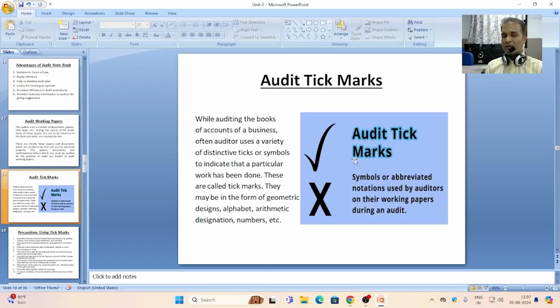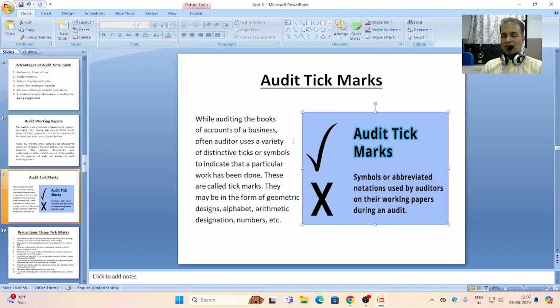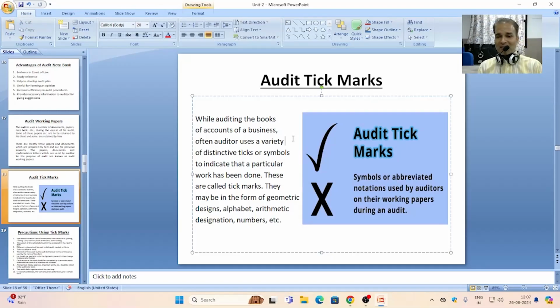These audit tick marks may be in the form of alphabets, designs, numbers, geometric designs, arithmetic symbols, etc. These are very important tick marks which segregate the work that has been done by the auditor from the work upon which he is still going to work.